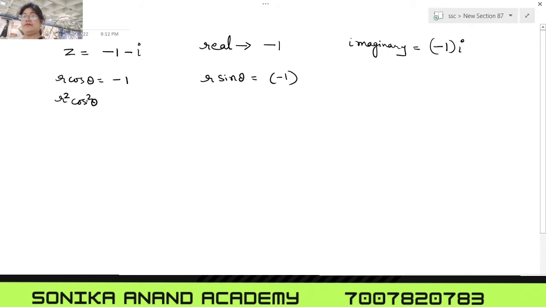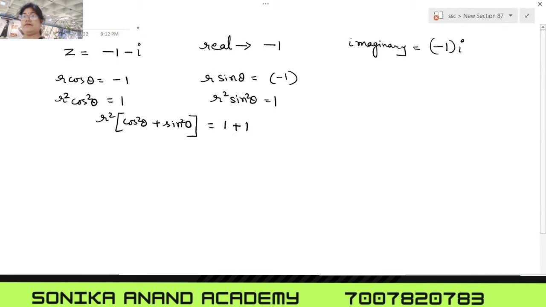R square cos square theta is 1, ma'am. R sin theta is also 1. R square sin square theta. So again, R square cos square plus sin square theta is equal to 1 plus 1. This question is proper now.